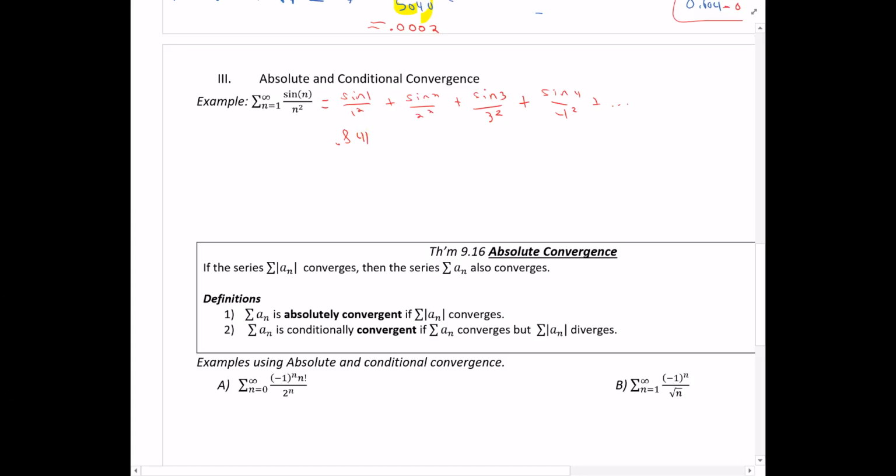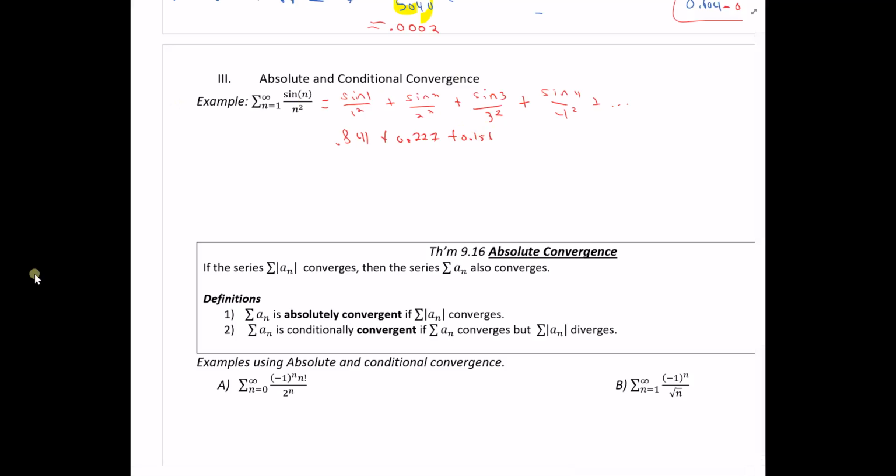0.841, and then if we do sine 2 divided by 4, that would give us 0.227, and sine 3 divided by 9 would give us 0.0156.